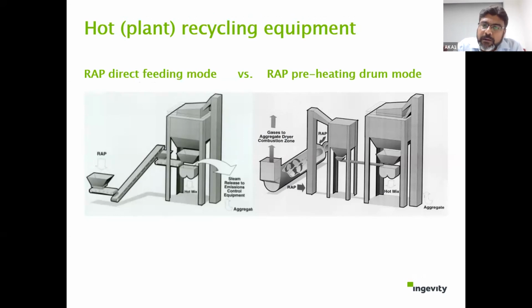So if you want to feed more than 20%, you have to preheat it. In a typical arrangement, the RAP is taken in a drum and a belt takes it to the pug mill, where it is mixed with the hot mix part, meaning the virgin aggregates, based on the calculations for the asphalt content, and then produced. In the other case, we just have a heater just before the feeding part.